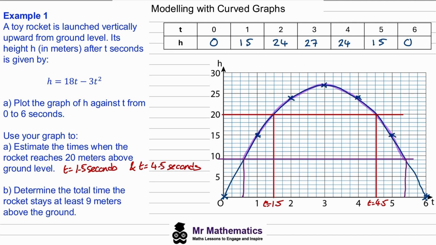This value of t is approximately 0.7, and this value is approximately 5.3. So the length of time that's above 9 meters will be 5.3 take away 0.7, which gives us 4.6. So it's above 9 meters for approximately 4.6 seconds.